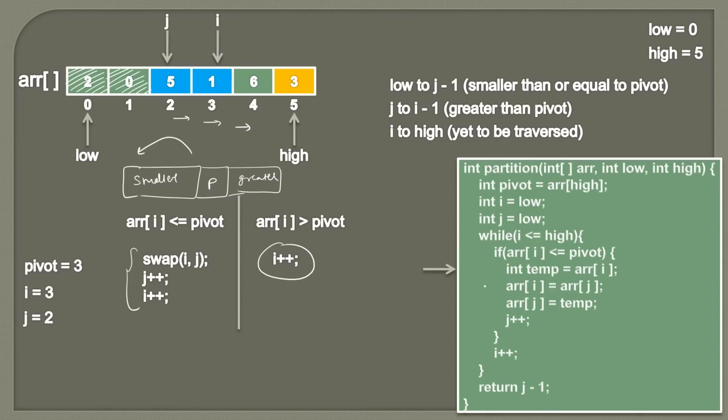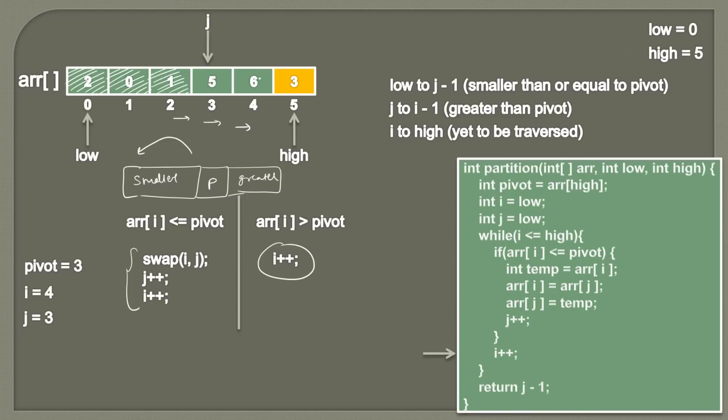We are performing this swap using this temp variable. So 5 comes here and 1 goes there. And after filling this position with a value smaller than pivot, we move j ahead. So j becomes 3. And we have explored the array till this point, so we move i also ahead.